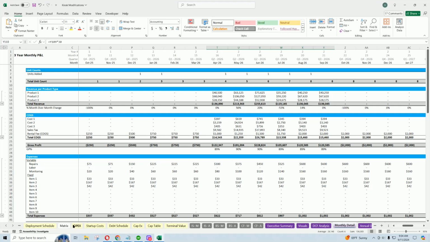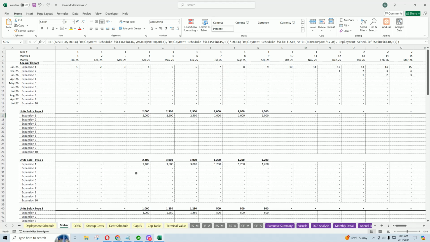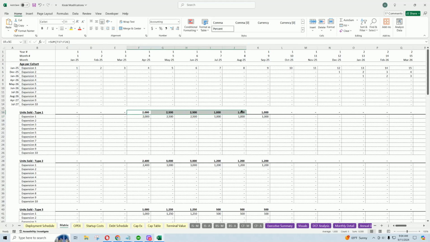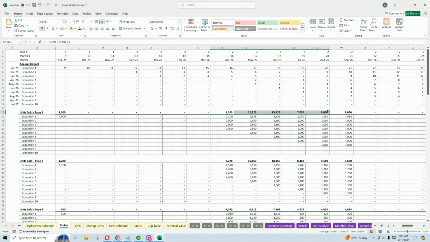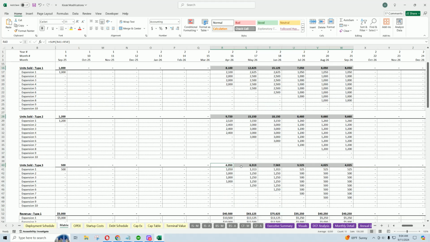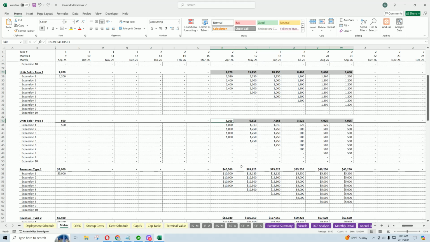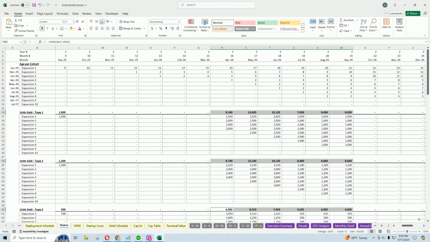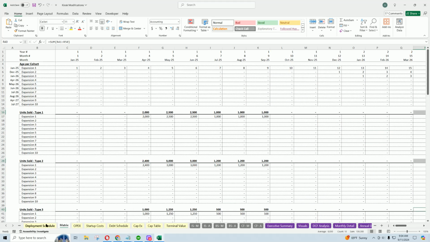So let's see. We've got 3 types. So year 2, we're doing 60, 130, 160, 160,000 units. Okay, I think that makes sense. So 160,000 units a year.